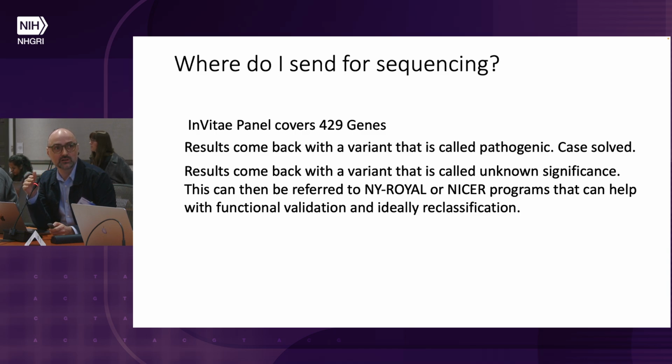One is New York Royal, the other one is NICER, which helps with this functional validation and ideally reclassification. Because for Ivan's team ever to look at this variant of unknown significance, it needs all these functional and other tests that need to be published for them to be part of ClinGen, so then Invitae can call this pathogenic, as opposed to a variant of unknown significance, right?